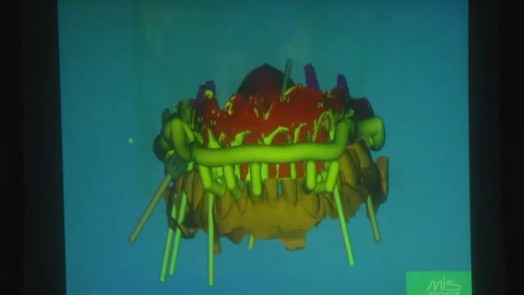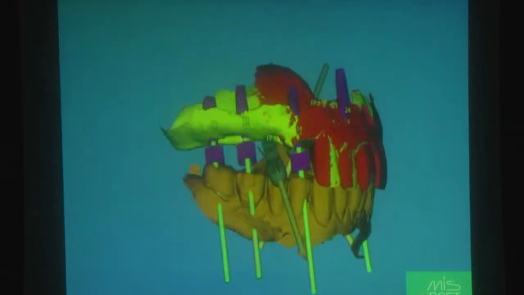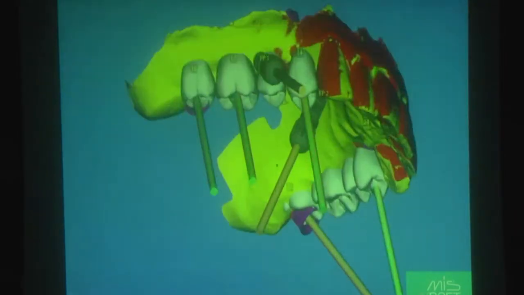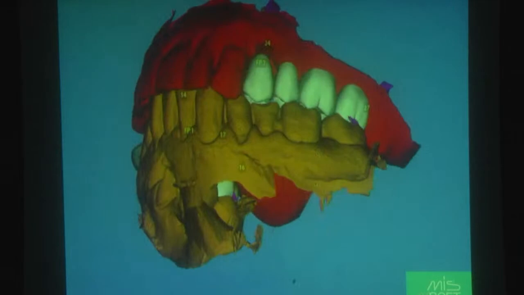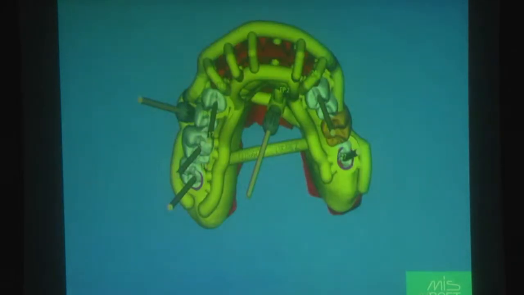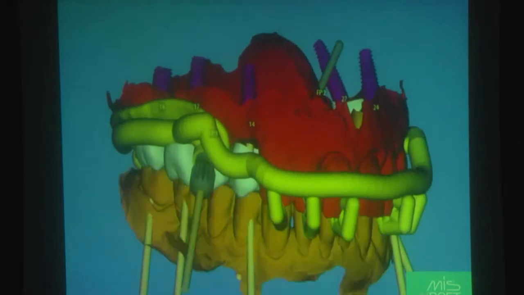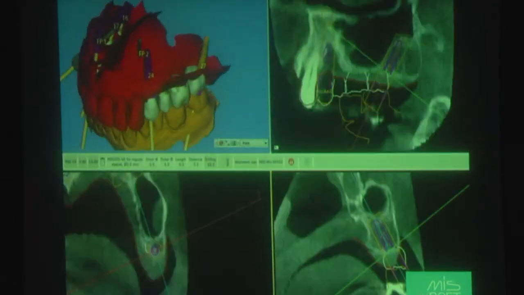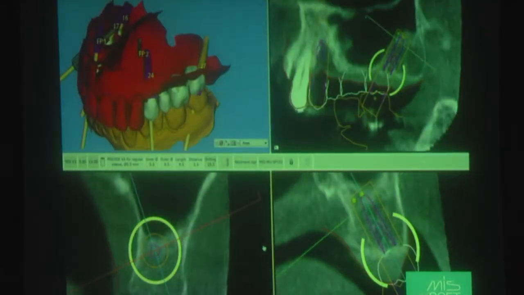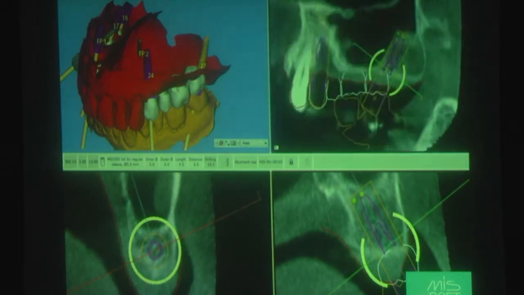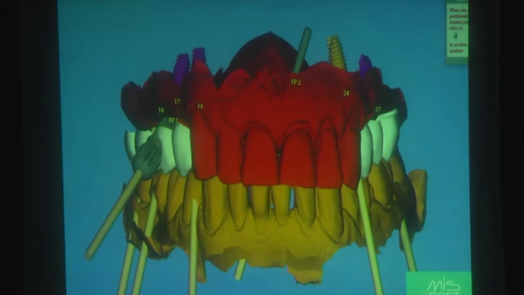And when we match the DICOM and STL files on MSoft, the screen is facing us. And in this screen, we can plan the implants, the number of implants, the position of the implants, the angulation of the implants, the location of fixation pins, and whether the sleeves are related to the flapless surgery or not. And then we can understand the posterior wall of the sinus and the anterior wall of the sinus, and we can do whatever we want, okay?